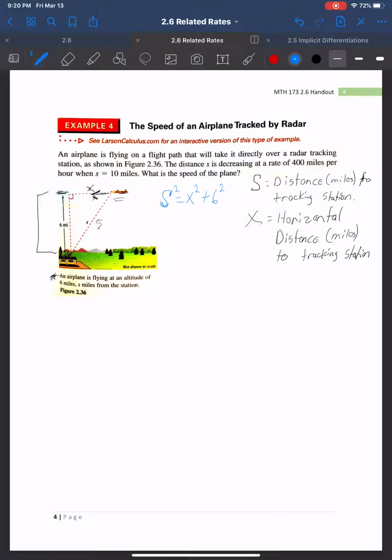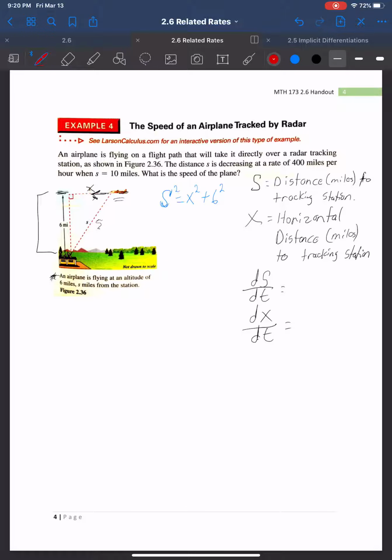If I'm going to take a derivative with respect to time, then let's you and I agree that at some point in time in this problem, we're going to have a ds/dt and we're going to have a dx/dt. So the way I'm going to approach this is, I've been doing this long enough, I know what I would do first in this problem.